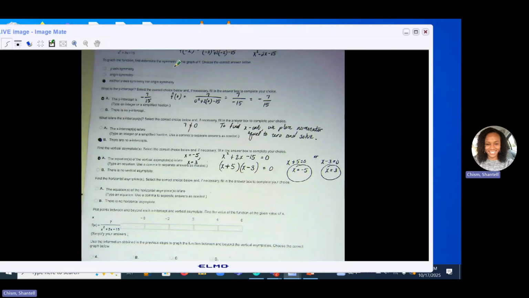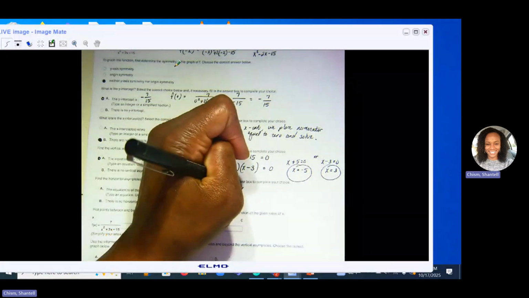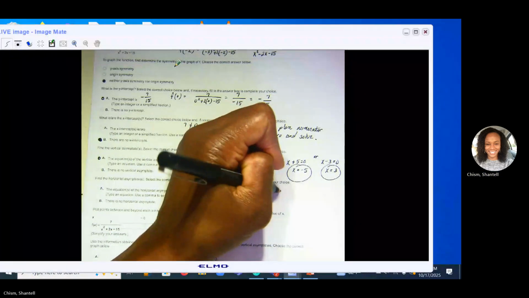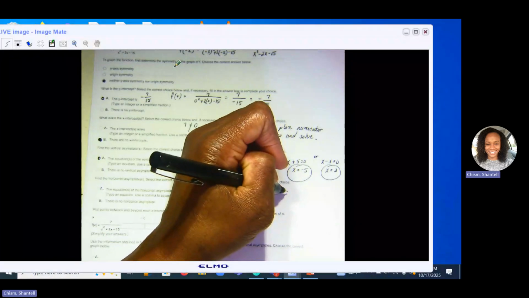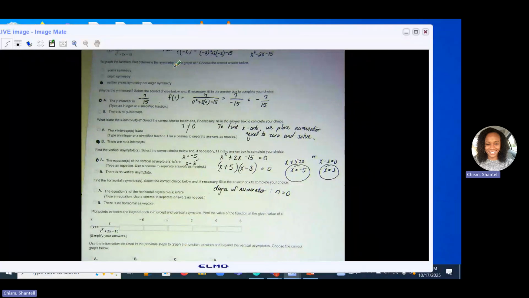Now to find the horizontal asymptote, this is where I examine the degree. The degree of the numerator, n, is actually 0 because it's just a constant there.